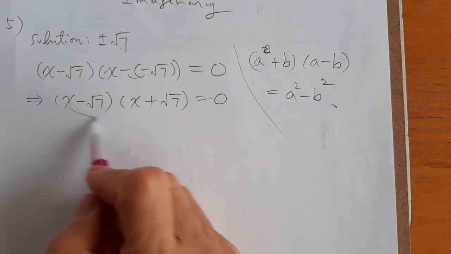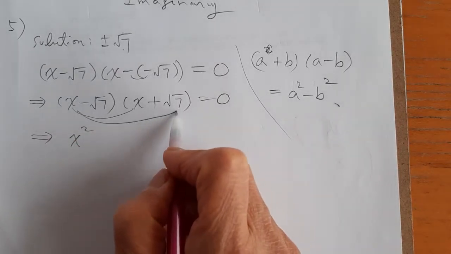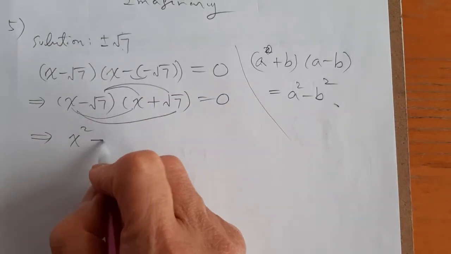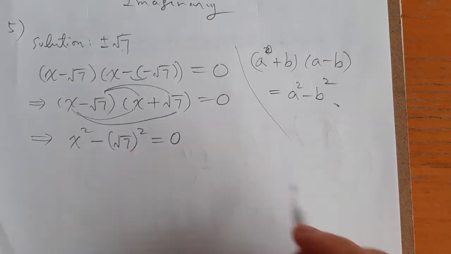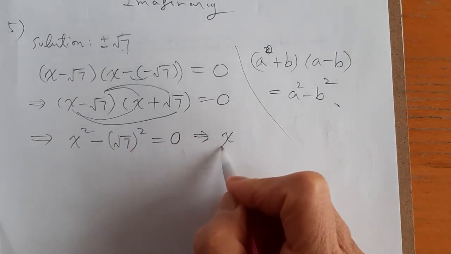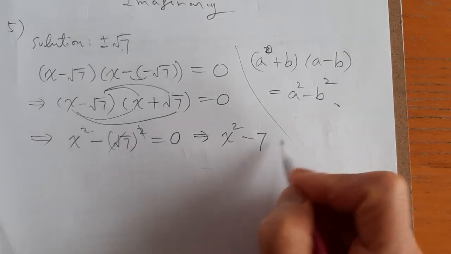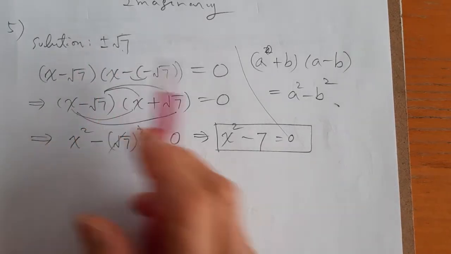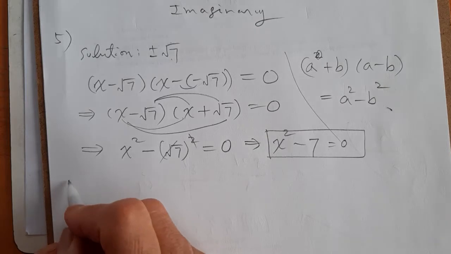Or you can use FOIL. x times x is x squared. The outer and inner term products combine to 0. And then the last term product, minus square root of 7 squared, equals 0. Then square it, so you get x squared minus 7 equals 0. So this equation has the two solutions, positive and negative square root of 7.